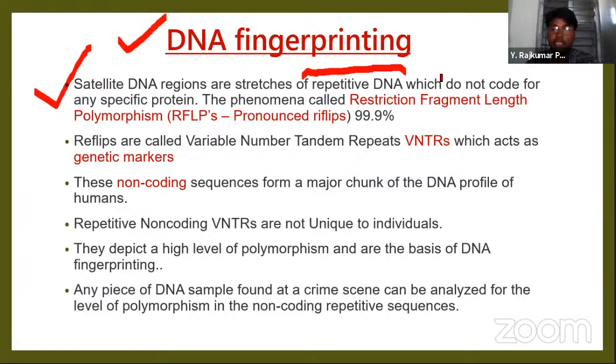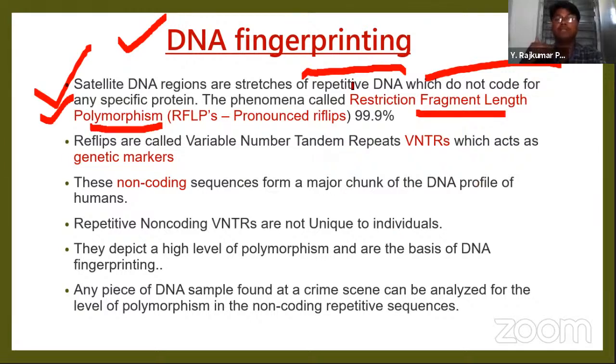This repetitive DNA, which does not code for any specific protein, is called restriction fragment length polymorphism, also called RFLPs.